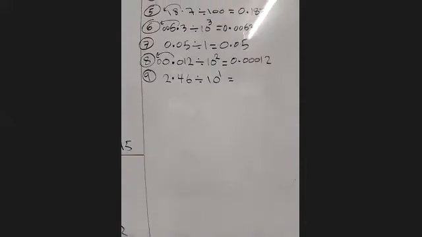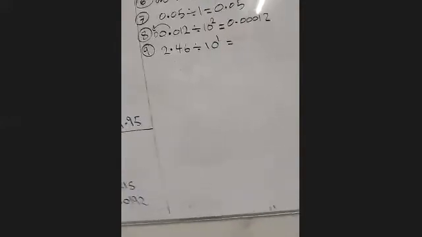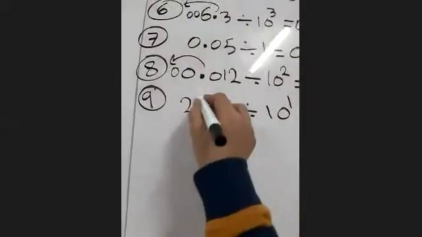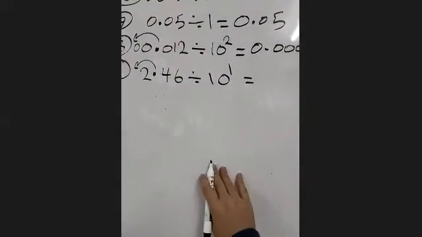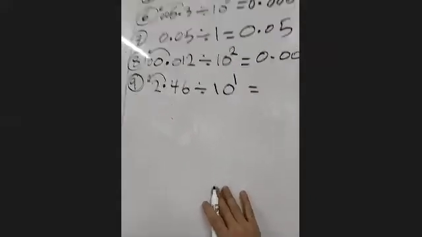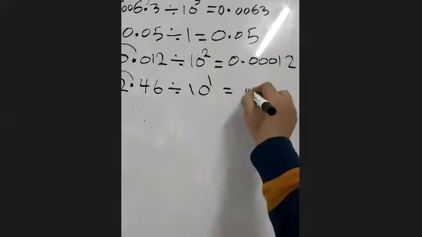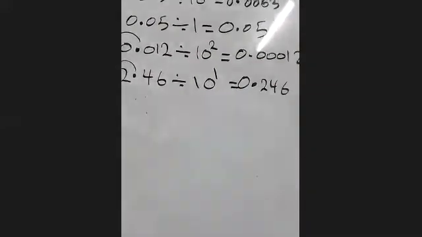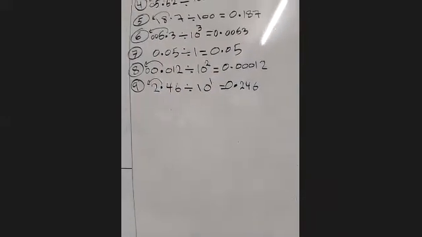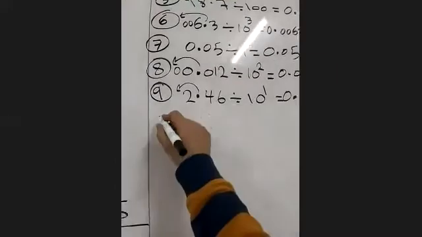Since there is only 1 zero because it is to the power 1, we will move it by 1 digit. Good. So it will be decimal 246, but then we'll add 0 to the empty space. So the answer 0.246. Thank you. Question 10.